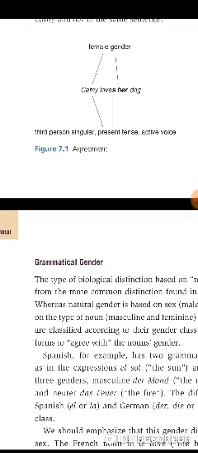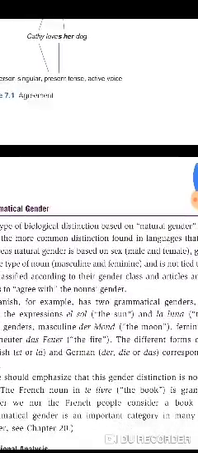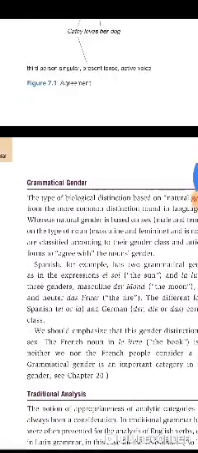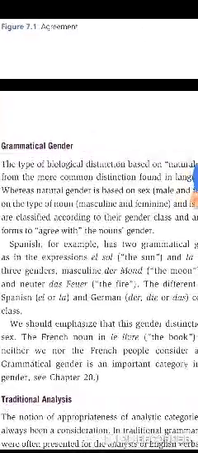Okay? It is something like that. So we have grammatical gender in Arabic. But let us go to find other things in other languages. Spanish is like Arabic, not like English, not like Farsi.